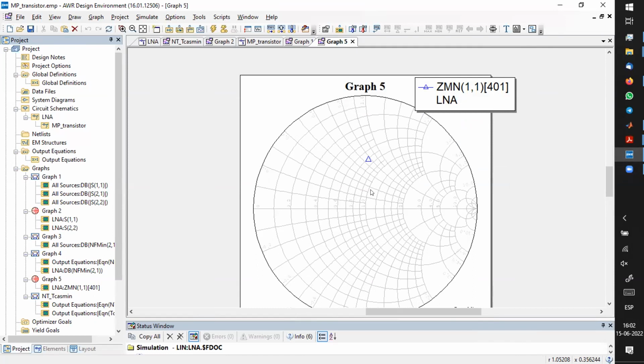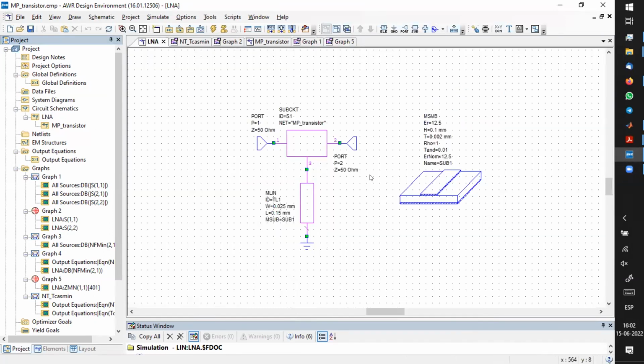I hope. Okay. So now we would need an input matching network to move close to that point. We will do it at a single frequency, 40 gigahertz. And usually how I do it, I start from the highest frequency.